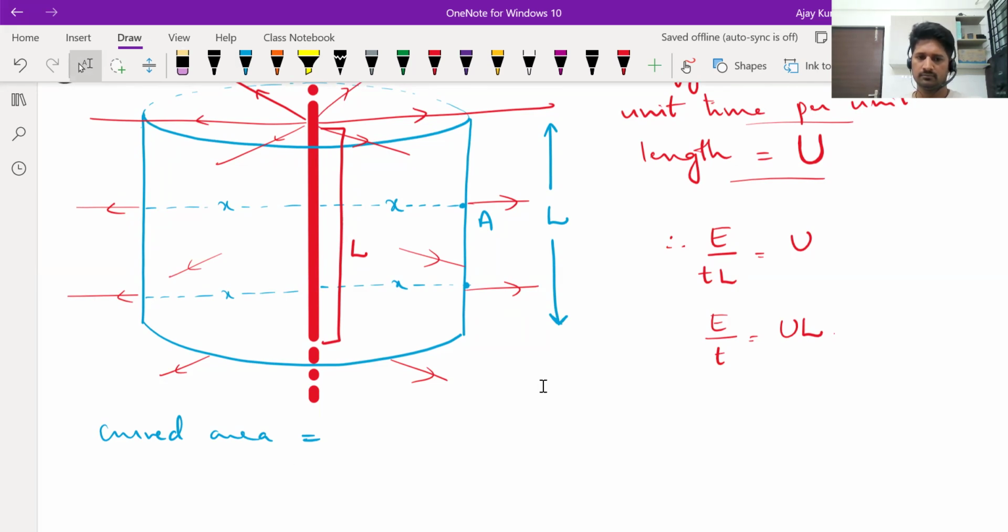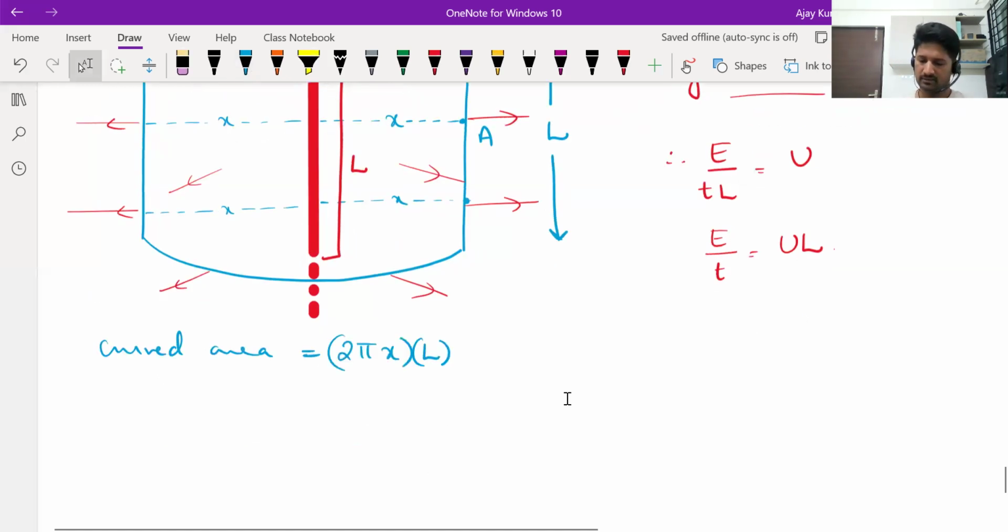There's 2 pi RH plus 2 pi R square. That is the total surface area of a cylinder. I'm asking only the curved surface area. It will be 2 pi r multiplied with the height. Here the radius of the cylinder is x, height is L. So 2 pi x into L will be the curved area. That's the area through which the waves are passing, and the area on which we want the intensity.